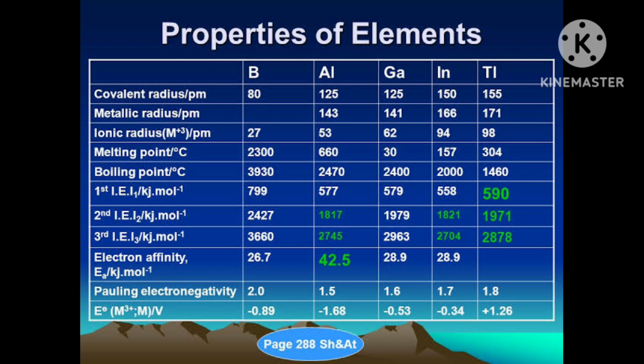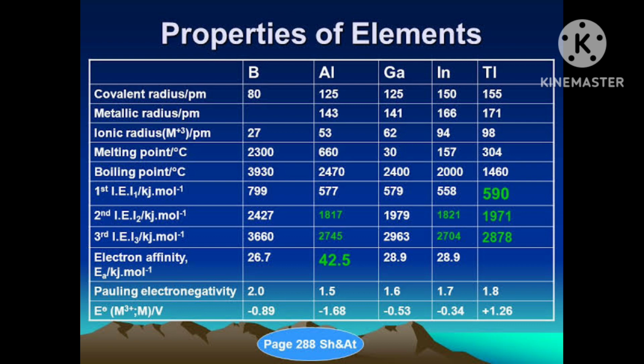Now I have told about the electronic configuration. This is very important. In P block, almost all elements down the group, their properties are different due to that. Thus the electronic structure of these elements is more complex than for the first two groups of elements.